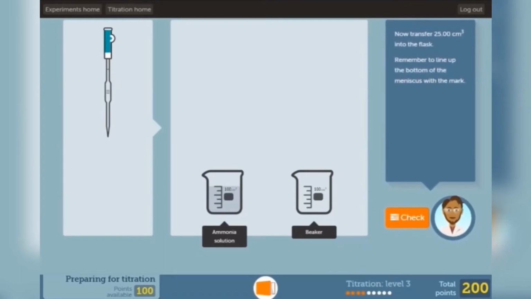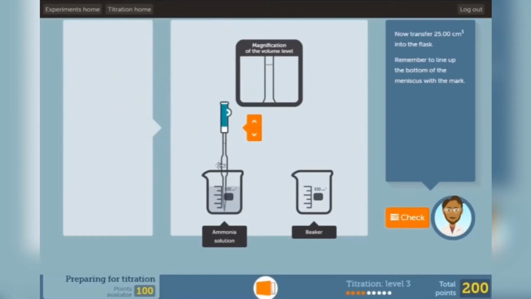Now transfer 25 cm³ of ammonia solution into the flask. Remember to line up the bottom of the meniscus with the mark.